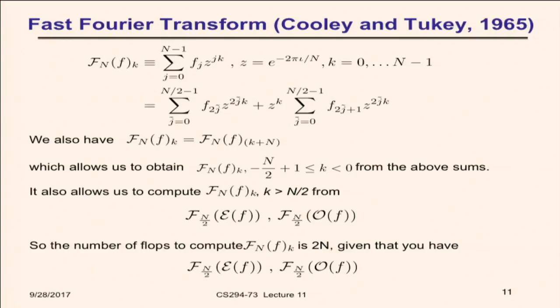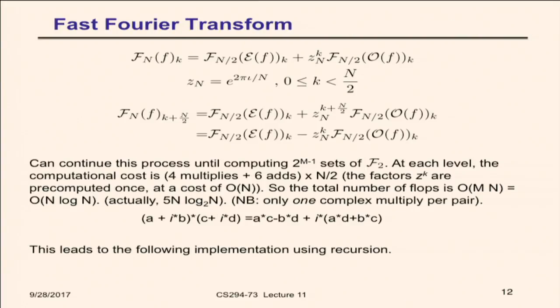So that looks like order n floating point operations. The thing is, let's say n is a power of 2. You can apply the same idea to these and keep going down, and thereby get an order n log n calculation. So here's everything expressed symbolically, because there's more structure to this than just divide and conquer.